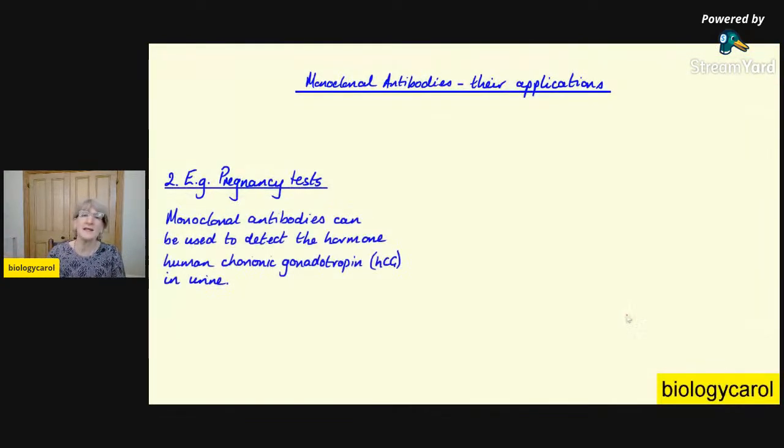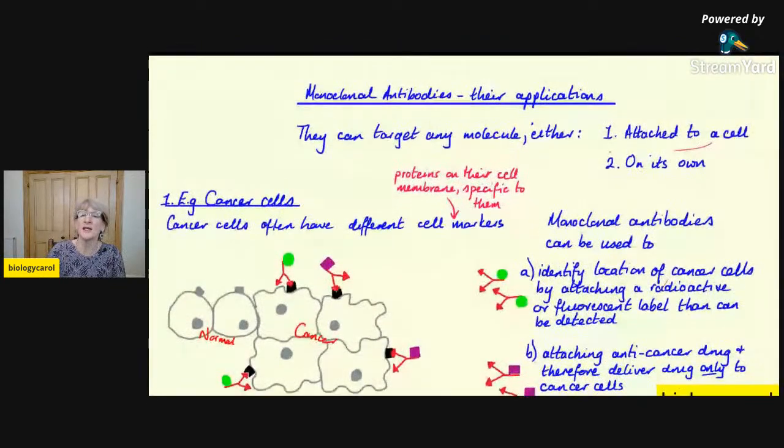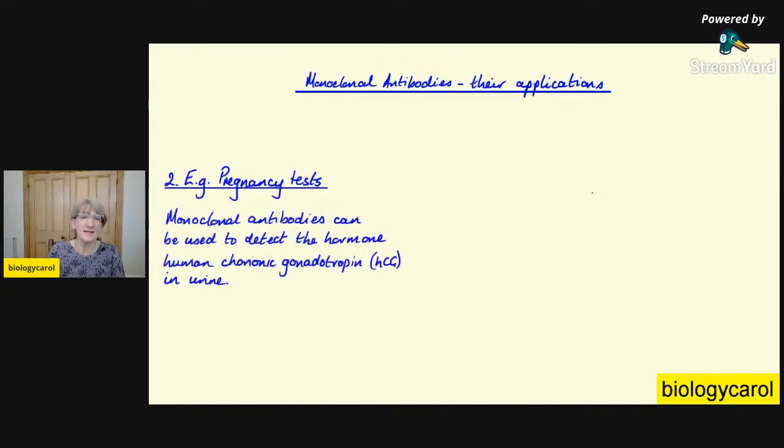The other classic application, in terms of identifying molecules that are free on their own, is the pregnancy test. So let's have a look at how a pregnancy test works. It works fundamentally on the basis that monoclonal antibodies can be made that bind specifically to the hormone human chorionic gonadotropin in urine.